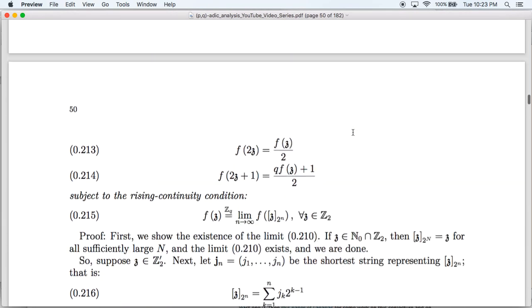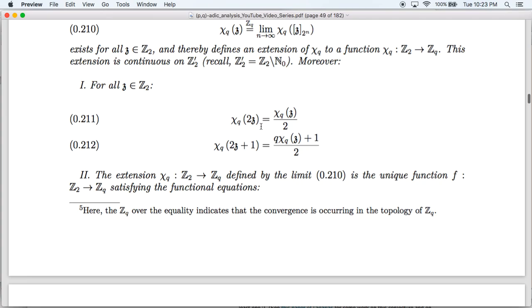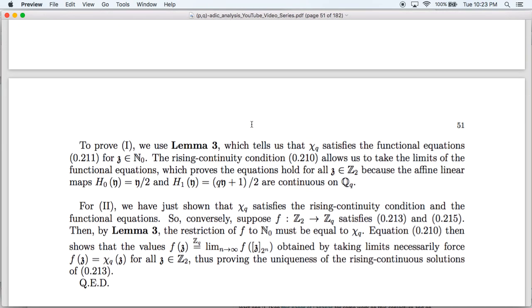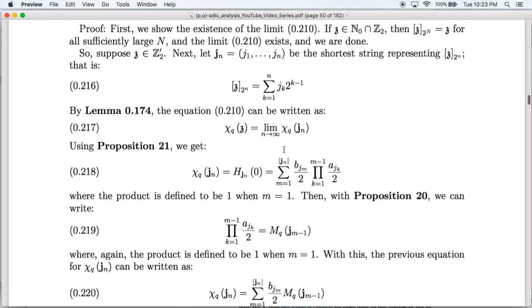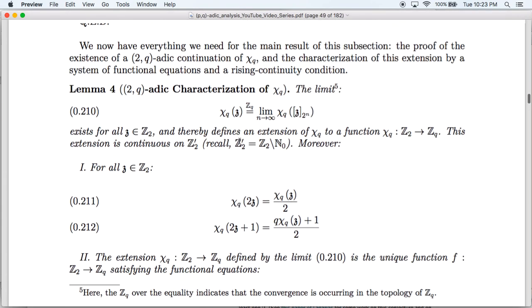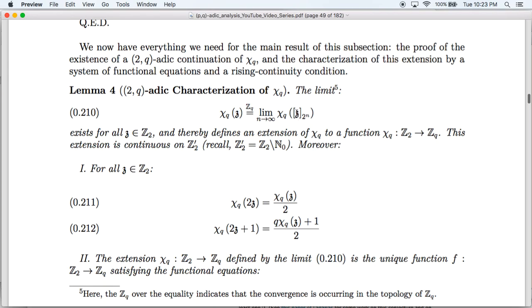So to prove that it satisfies this functional equation, we're going to use our functional equation for chi_q over the integers. So we're going to consider just this thing right here: chi_q of z mod 2^n. That's an integer.